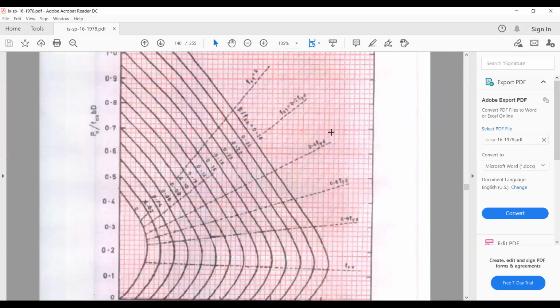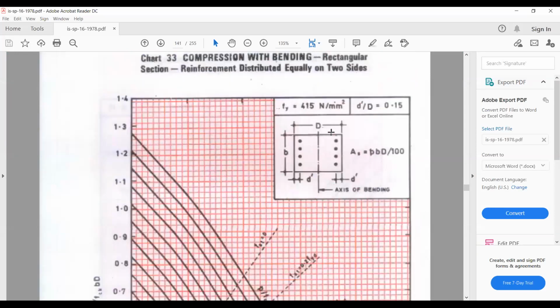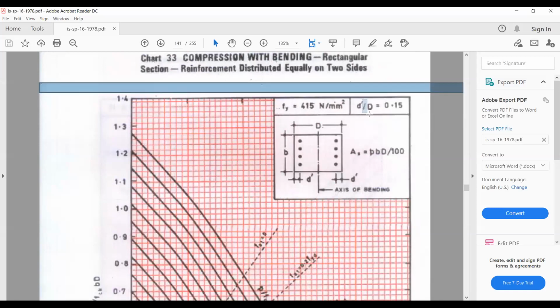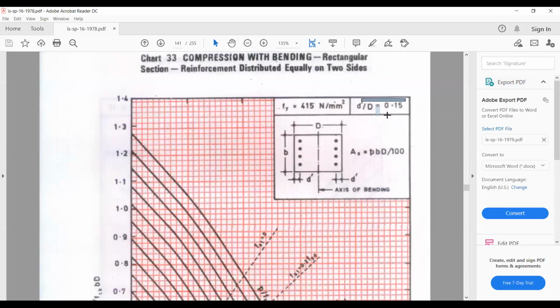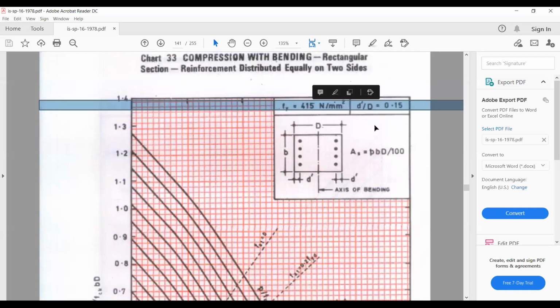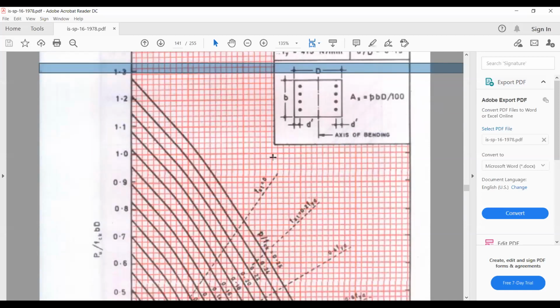Here what is the value of d dash by d? 0.15, sir. Okay, so this one you have to refer. As you can see here, this one you have to refer. And here fy is 415, right? Yes, sir. Okay, so for that you have to refer to the value of percentage of steel.